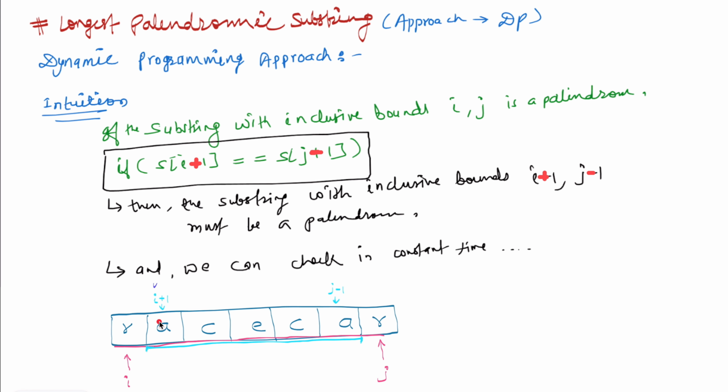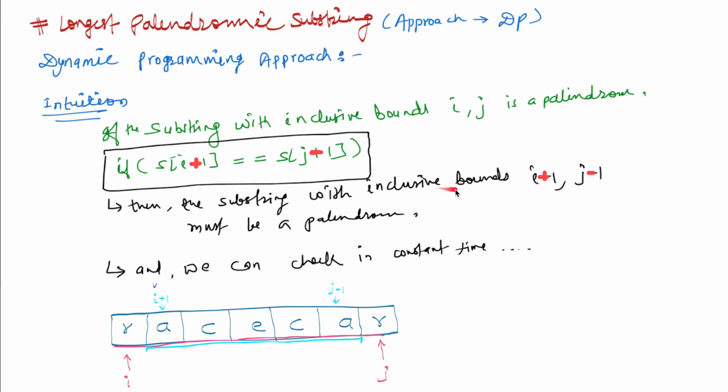For the a and this a, both are the same. Similarly, we shrink again for this and this, and it's the same, until i and j meet here. So if both characters are the same, the given range is a palindrome.